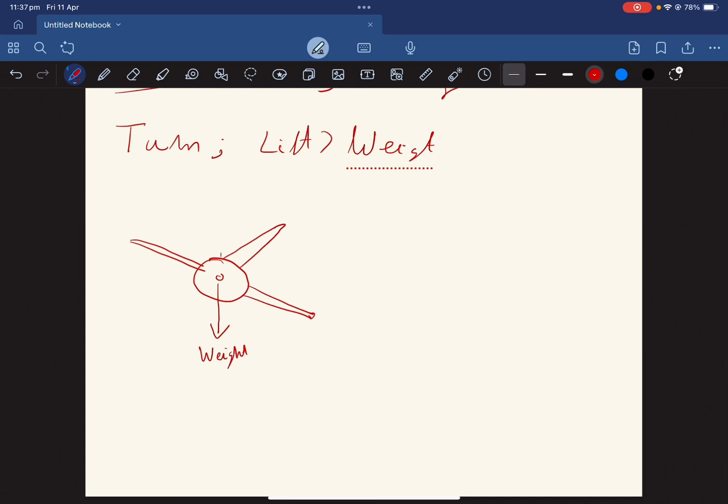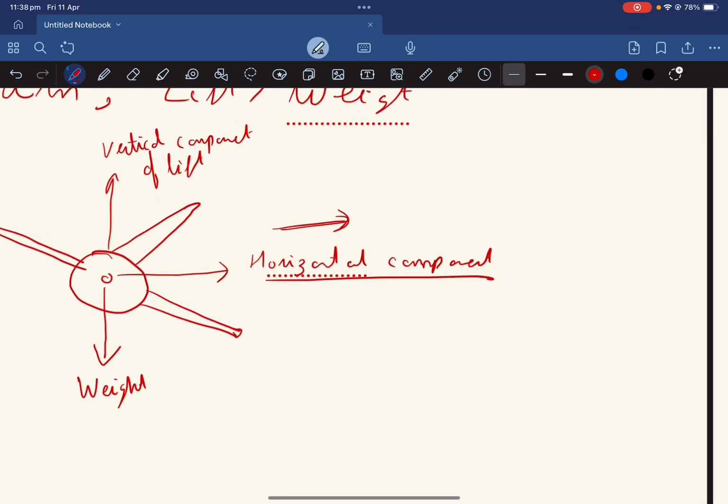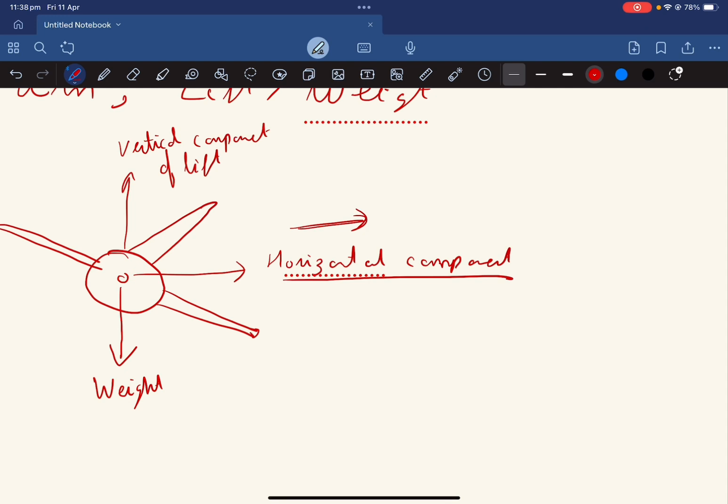The first one is the one balancing the weight, which is the vertical component. And there's going to be a horizontal component. I hope you have studied this in your 11th and 12th grade. This horizontal component is basically pulling you towards the inside of the turn. So do you remember which force pulls you inside when you're turning? Yeah, drum roll. That's centripetal force.